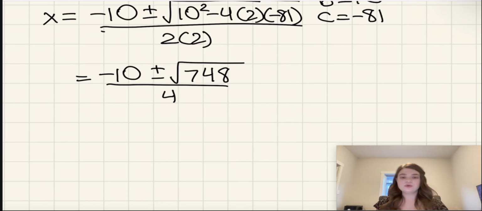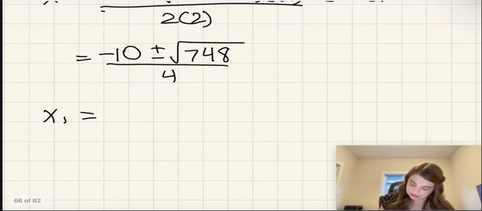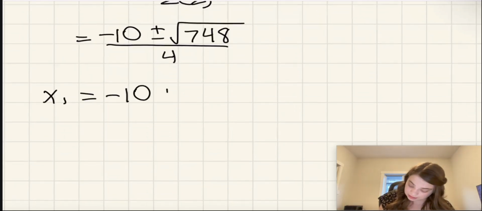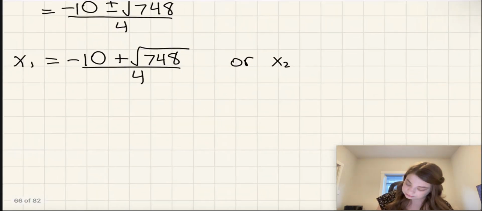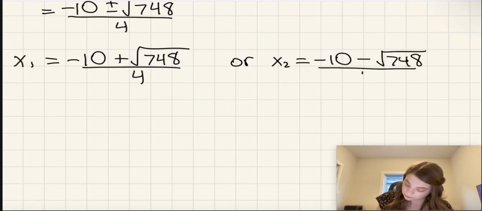And then we are going to write down x1 and x2. So there's two possible answers here. x1 is negative 10 plus the square root of 748 divided by 4, or x2 is the other possible solution here, negative 10 minus the square root of 748 over 4.